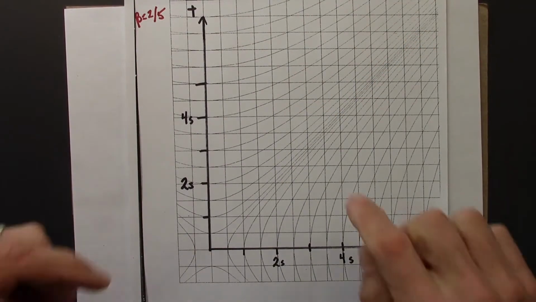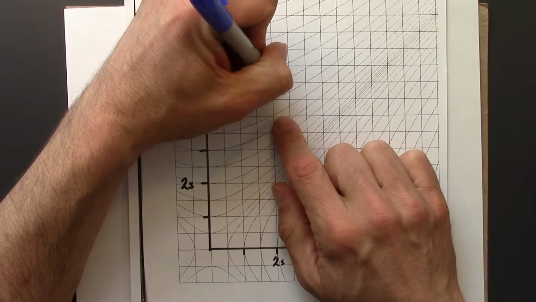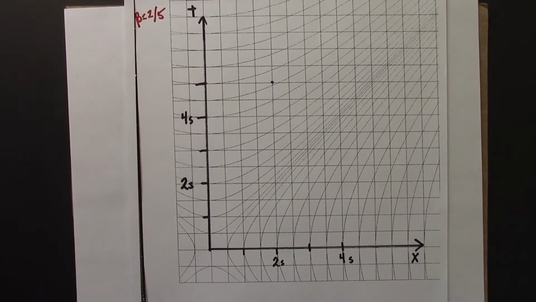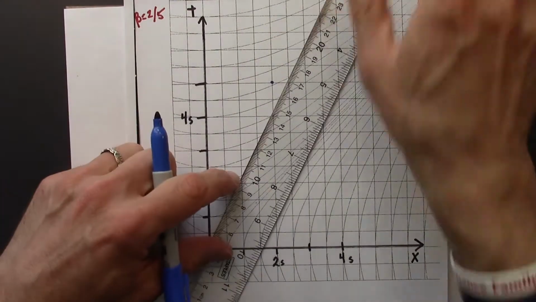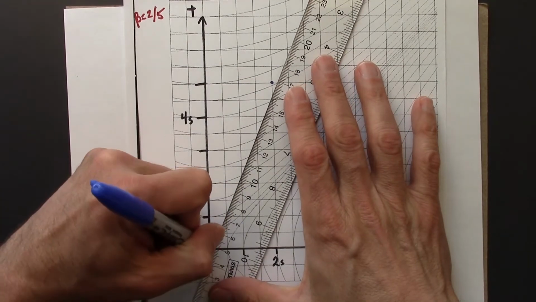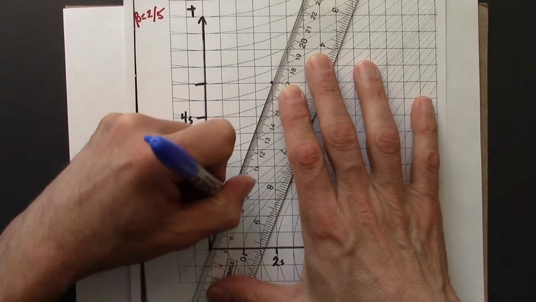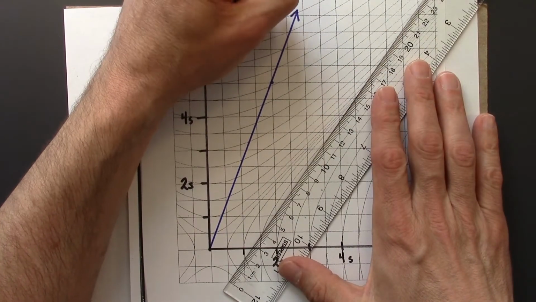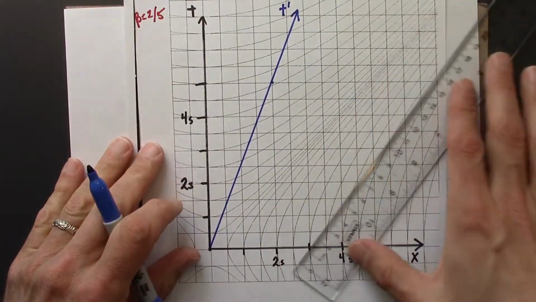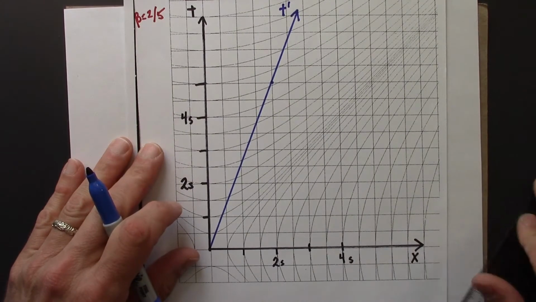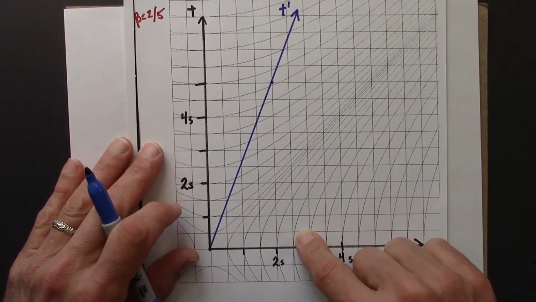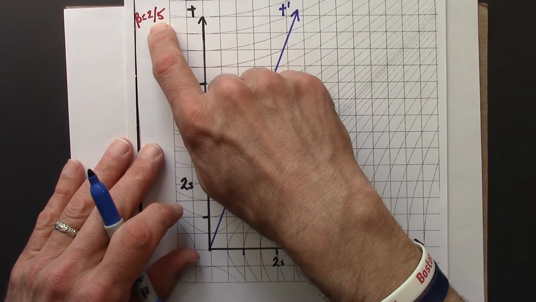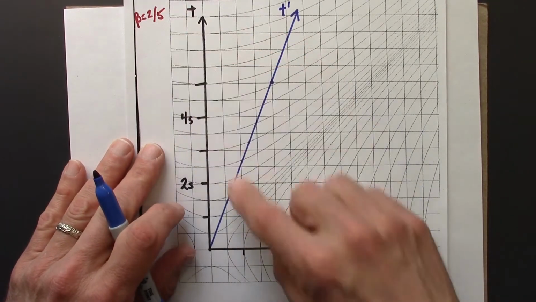So I know that this line has to go through here, 2/5. And so I can draw this on like that. So that is my t' axis. And then the x' axis has a slope of 1 over beta, or 5 over 2.